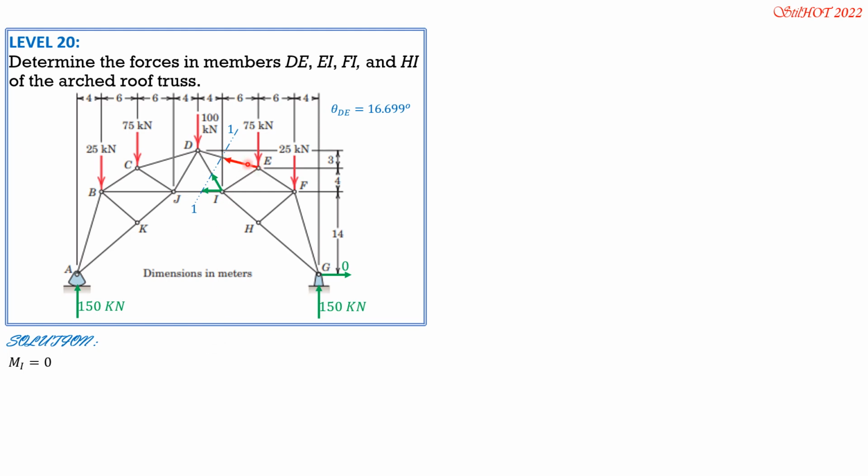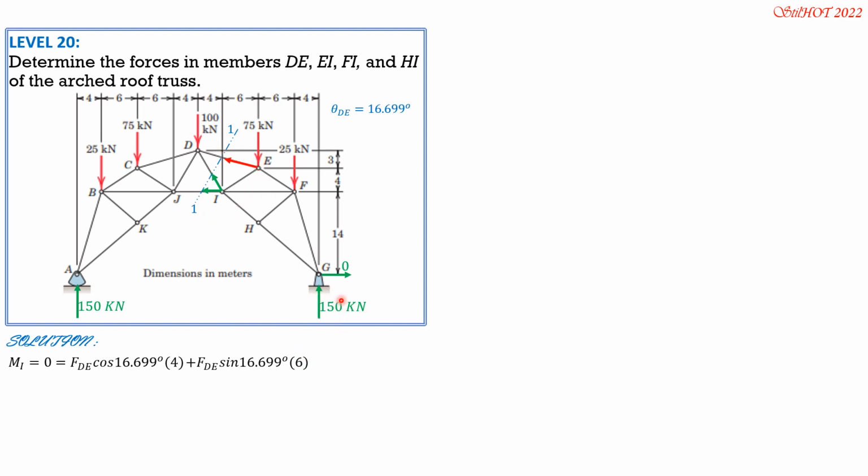So FDE cosine of 16.699 degrees times 4. The vertical component is also counterclockwise, so plus FDE sine of 16.699, the moment arm is 6 meters.